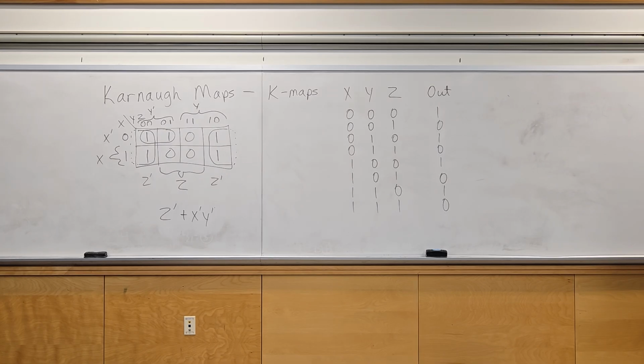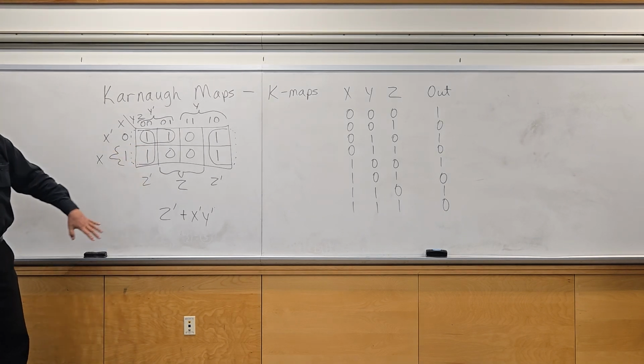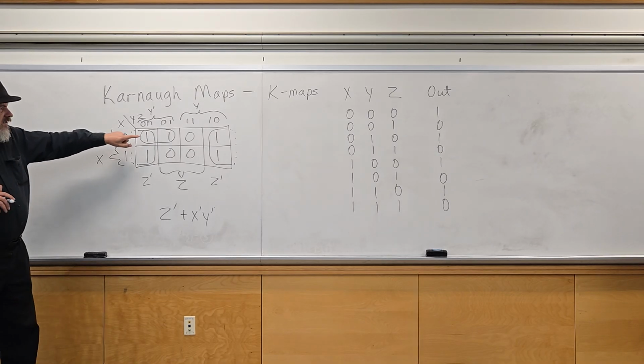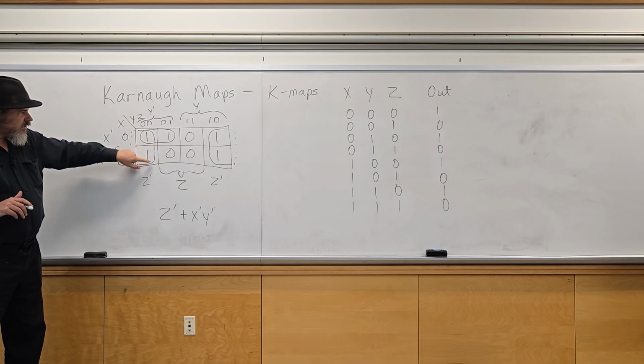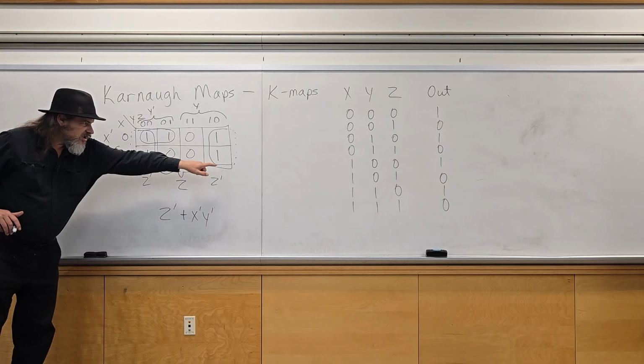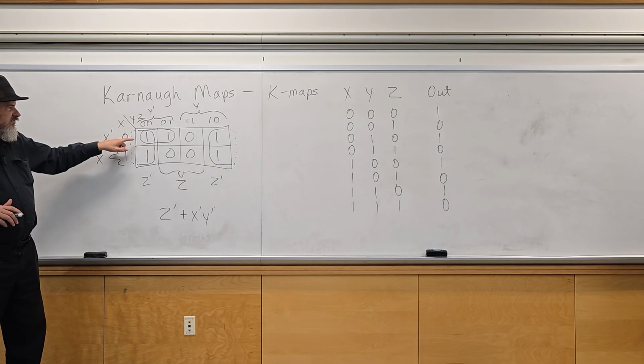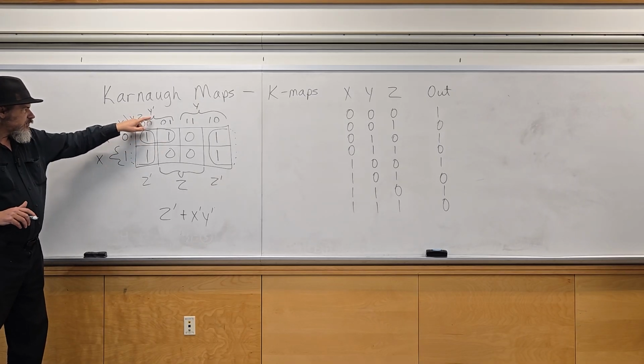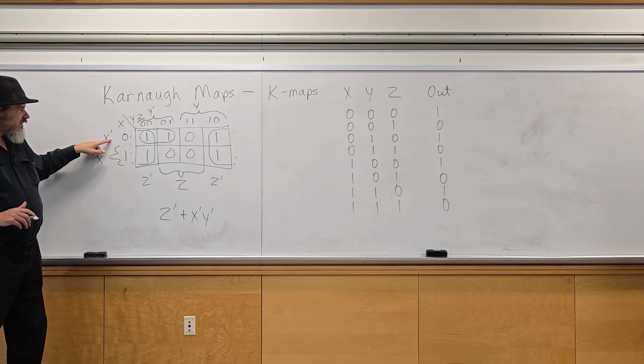I see some looks of not sure if they understand. You OR the groups together to make the final expression. You have the one group that's the Z prime, and this group is just in the Y prime and just in the X prime.